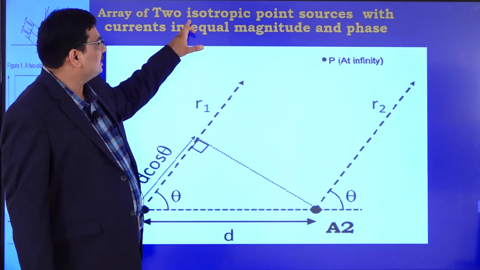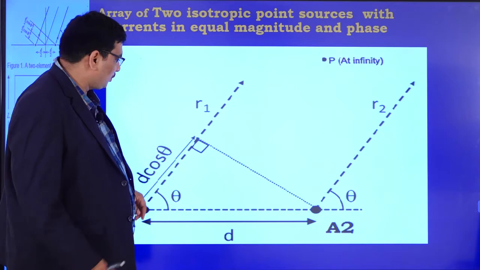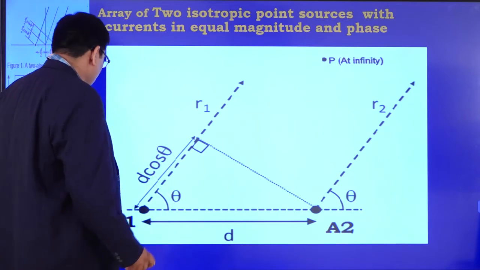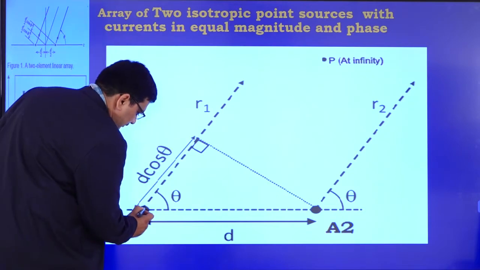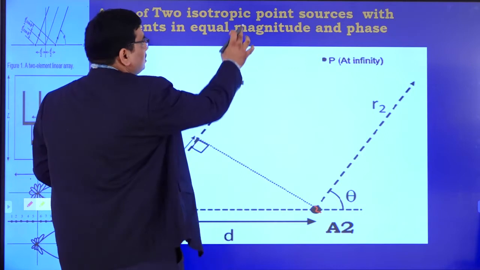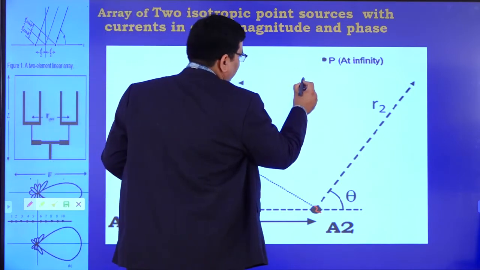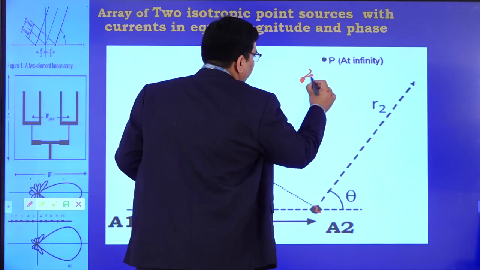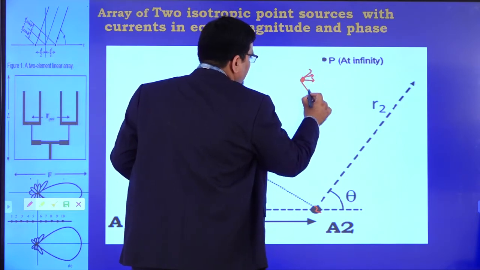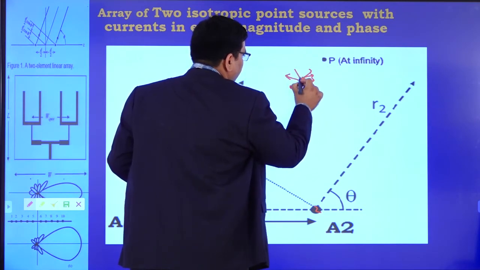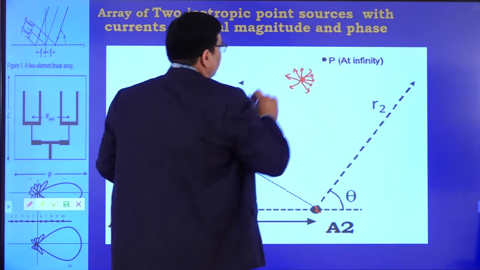That is why we are taking two isotropic point sources.